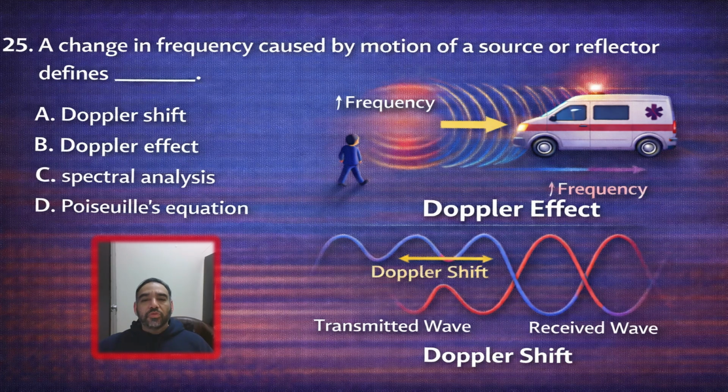Now, Poiseuille's equation relates to flow, pressure, radius, and viscosity. It has nothing to do with frequency changes. It's a completely different physics domain. And so the big concept here is that if motion causes a frequency change, that relates to the Doppler effect. If you measure how much it changed, that relates to the Doppler shift.